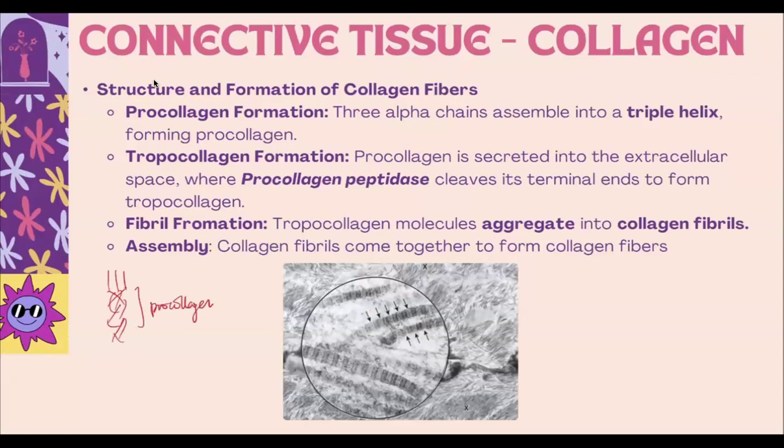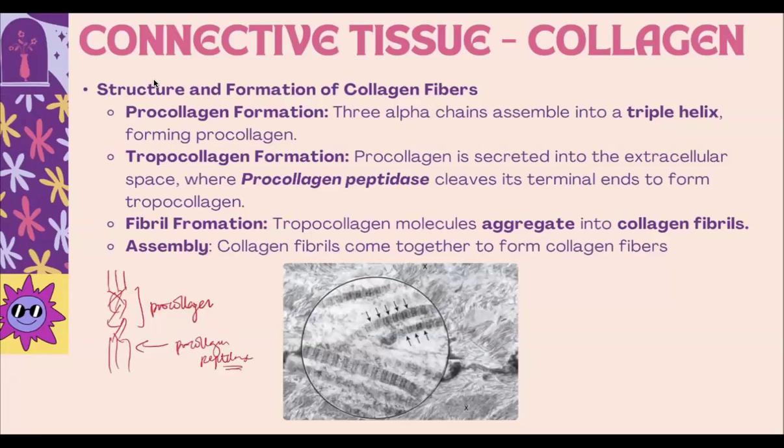Then this enzyme acts on procollagen. It's called procollagen peptidase. And this converts it into something called tropocollagen. And it does this by removing an end, as the name peptidase suggests.